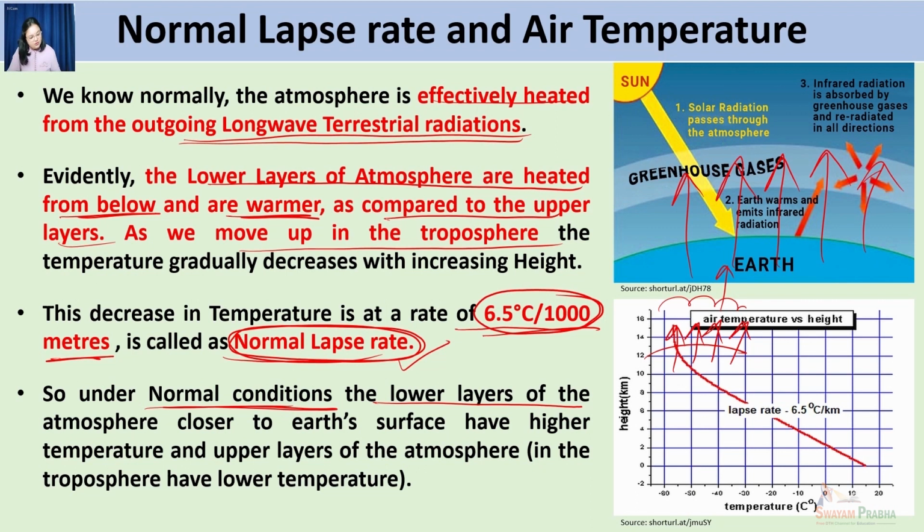So the lower layers closer to the Earth's surface have higher temperatures, and the upper layers of the atmosphere in the troposphere have lower temperatures. These are the normal conditions which exist in our atmosphere. Therefore, it is called the normal lapse rate.